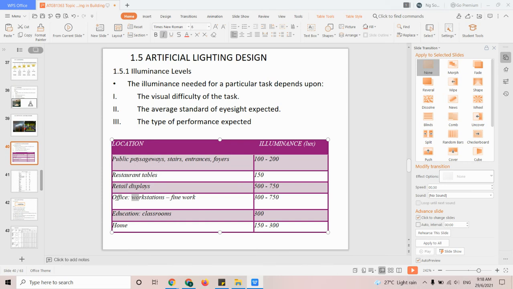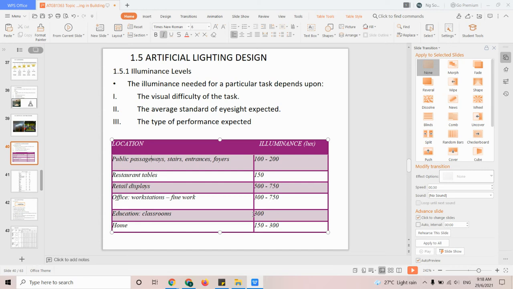So this sort of standard is established where the level of illuminance for different areas is stated. Depending on which standard we follow, there will be different levels of illuminance.